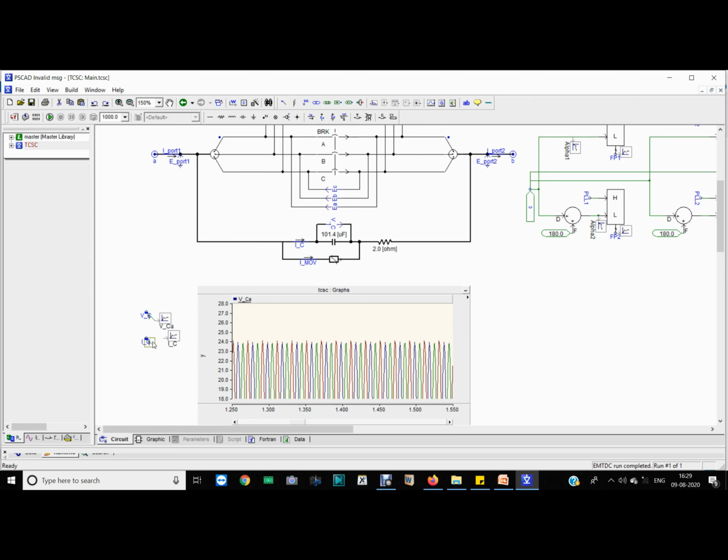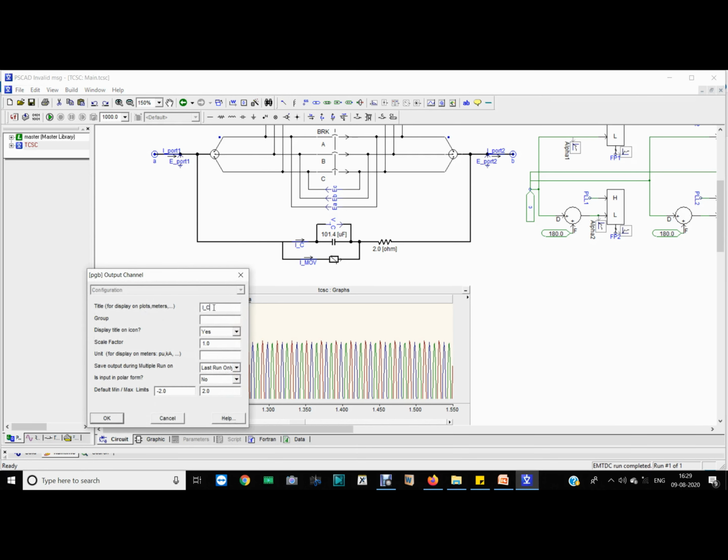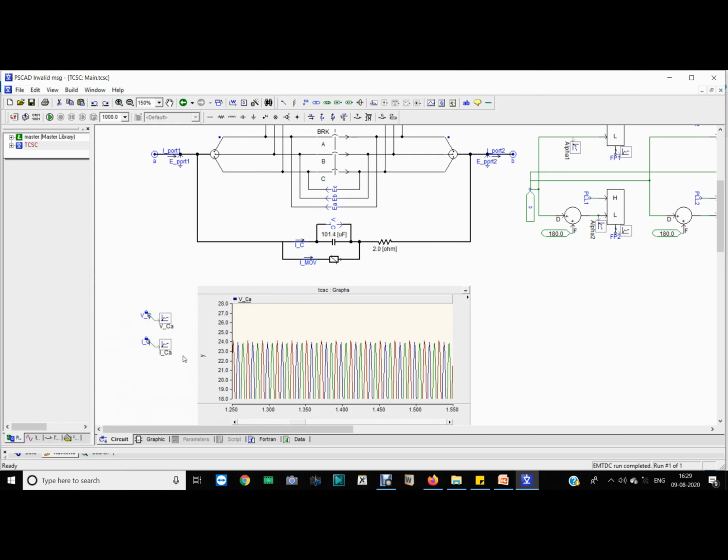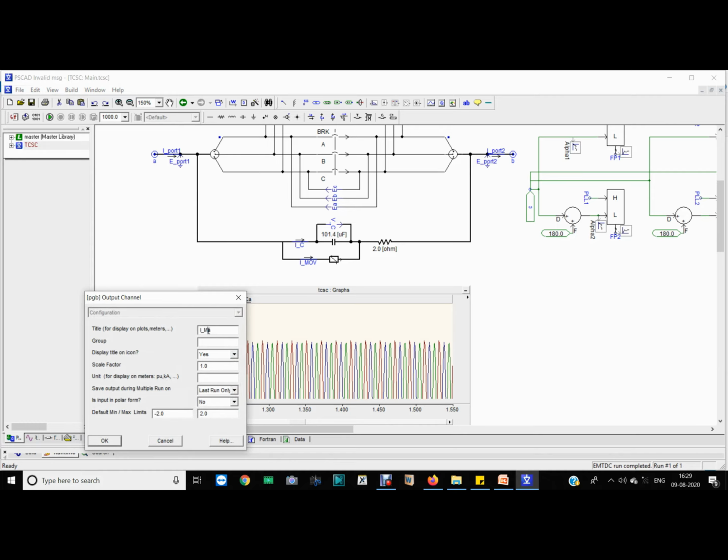Okay, and capacitor current ICA current. Okay, and for MOV just copy it and paste it and write this I underscore MOV. So this will be I underscore MOV.